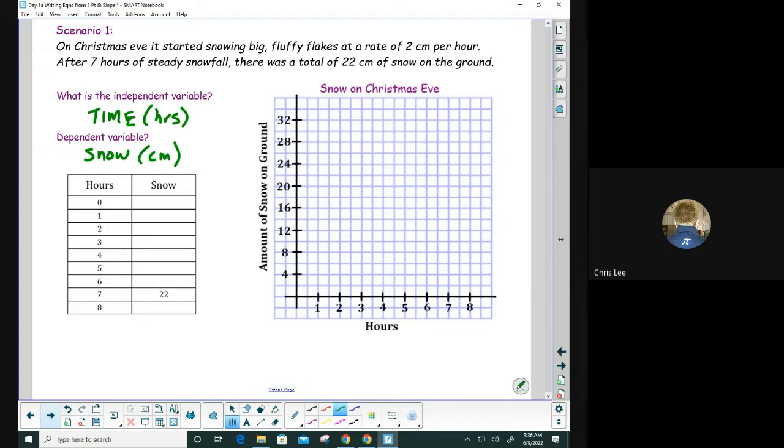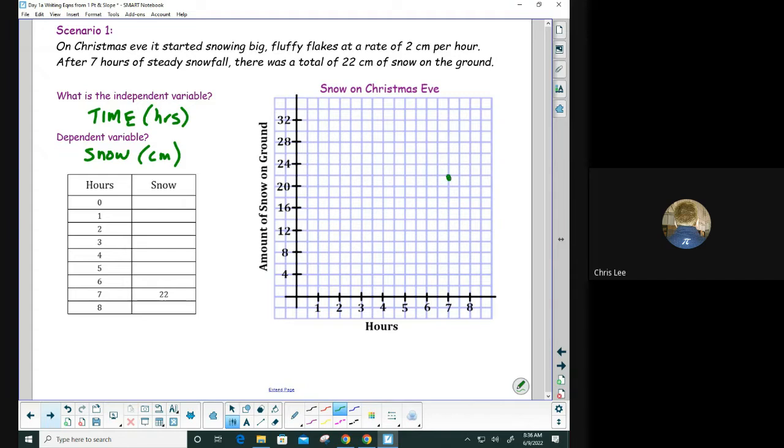So let's go to 7. And be careful of your scale here. You see how every 2 squares is equal to 1 hour. And every square here is worth 2. So it goes 2, 4, 6, 8, 10, 12. So be careful of your scale when you're graphing this. But we know one bit of information. We know that at 7 hours, all the way down here, we've got 22 centimeters of snow.